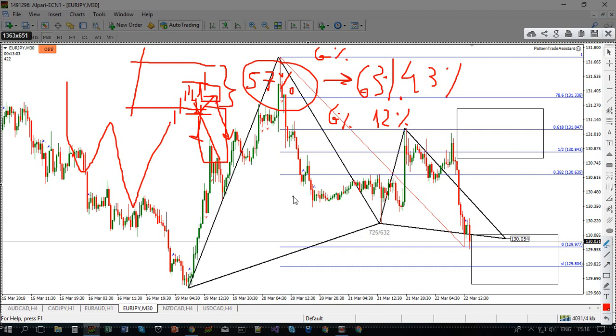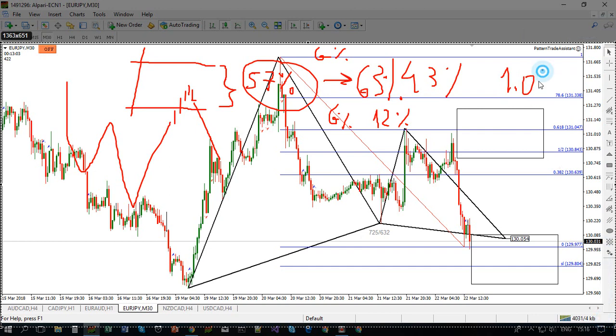And this leads to, on average, 1.05 average risk to reward. 63% probability, 1.05 risk to reward.